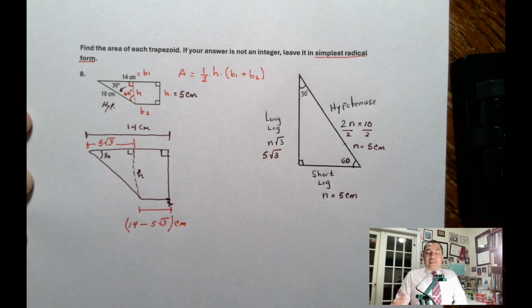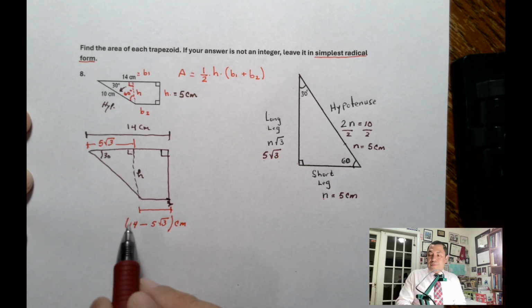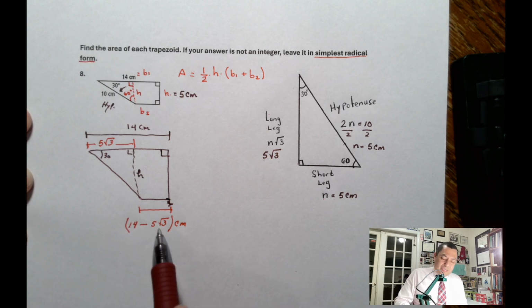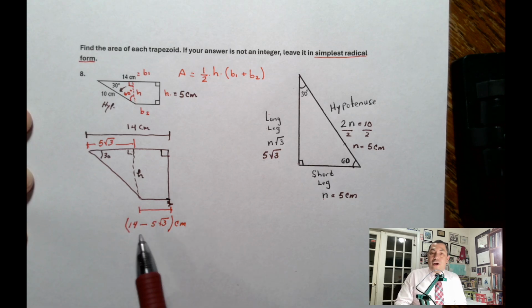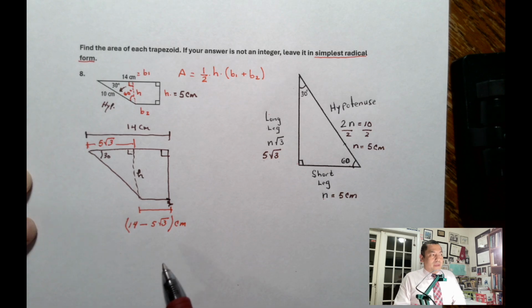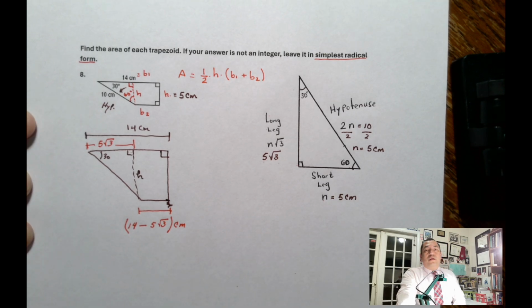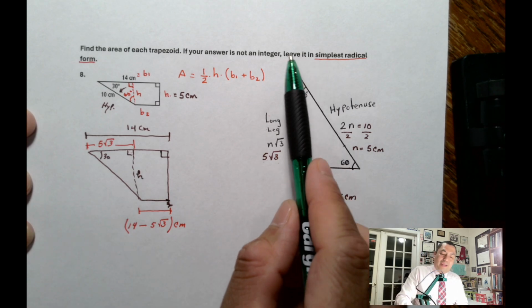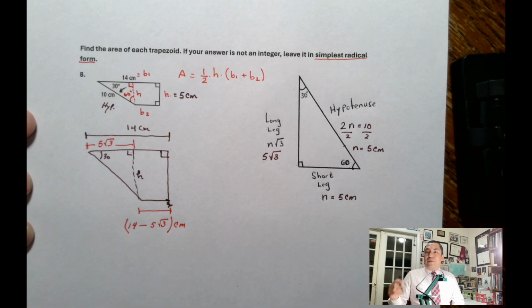I cannot do anything else because this one doesn't have a square root of 3, and they are not like terms. That's the reason why the problem is telling me to leave it in simplest radical form, because we're just going to proceed with what we have.